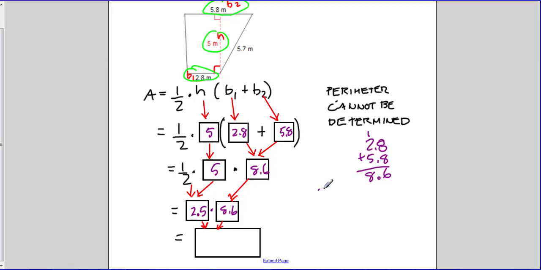So my area is going to be 2.5 times 8.6. 5 times 6 is 30, carry 3. 2 times 6 is 12, plus 3 is 15. Add a placeholder 0. 5 times 8 is 40, carry a 4. 2 times 8 is 16, plus 4 is 20.